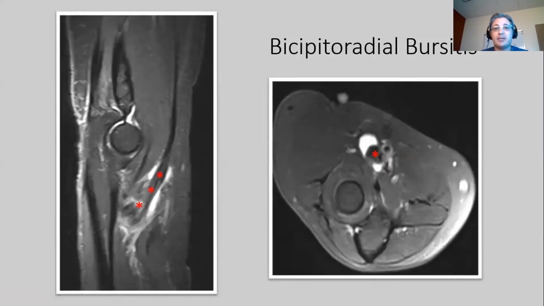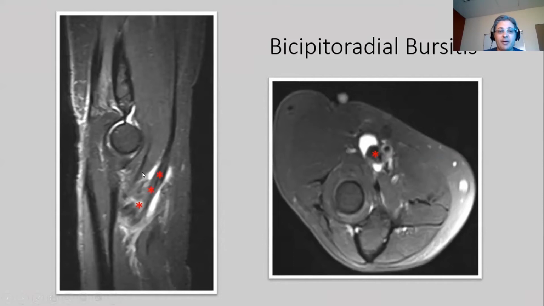Here's an MRI. Again, we want to be cognizant of the surrounding anatomy, because knowing the anatomy is going to lead to consideration of bursitis in the differential. Notice this band-like black structure here. That is your distal biceps tendon coming down to attach to the radial tuberosity.